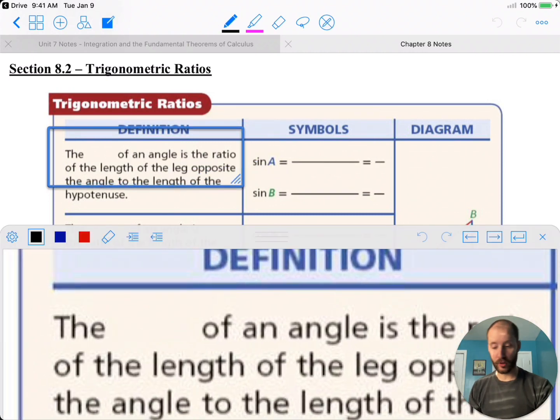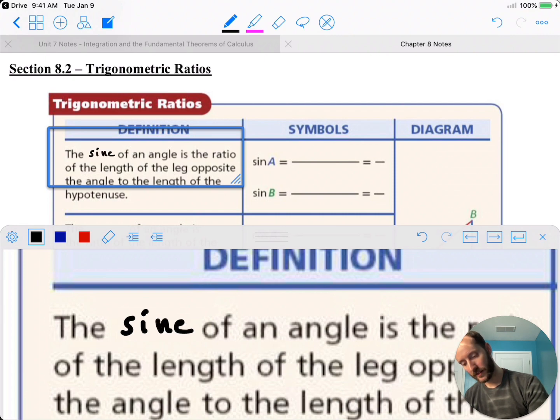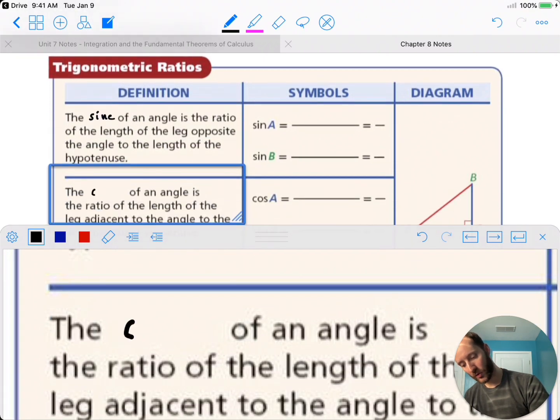So the three we're looking at are sine, cosine, and tangent.